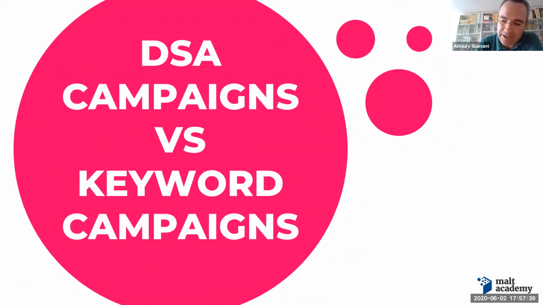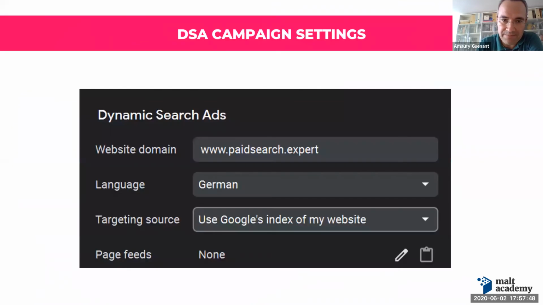Then we can compare how a fully automated campaign performs versus a static campaign. So I think I will take the question afterwards. So that's the setting you will do with your DSA campaign. And as I mentioned, it will only take you 10 minutes.